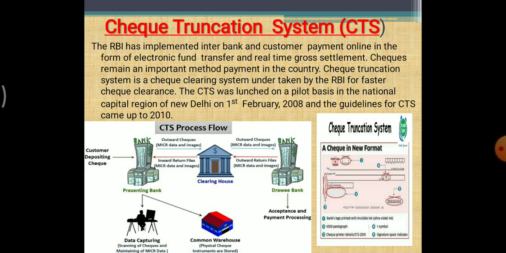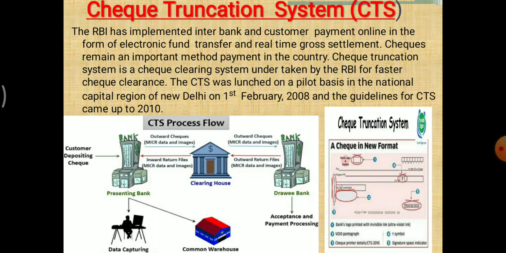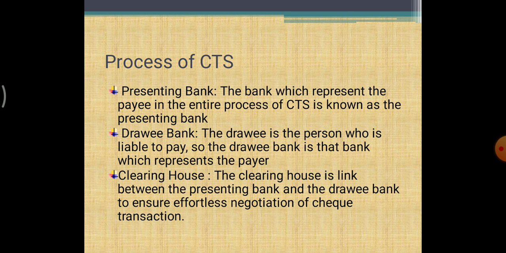So this is the process flow of the cheque truncation system. We can also see cheques in the new format in the cheque truncation system. And next we can move to the process of the cheque truncation system.